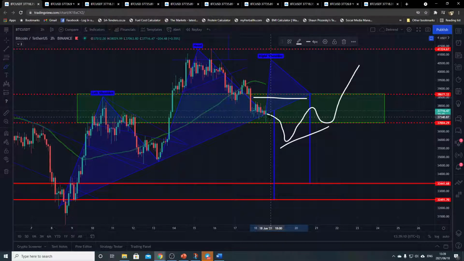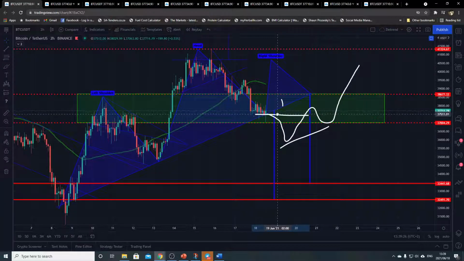So what you must do is, as soon as price dips down to this section, bring down your stop loss. Okay? Bring down your stop loss to this section over there, so it's on your break even.